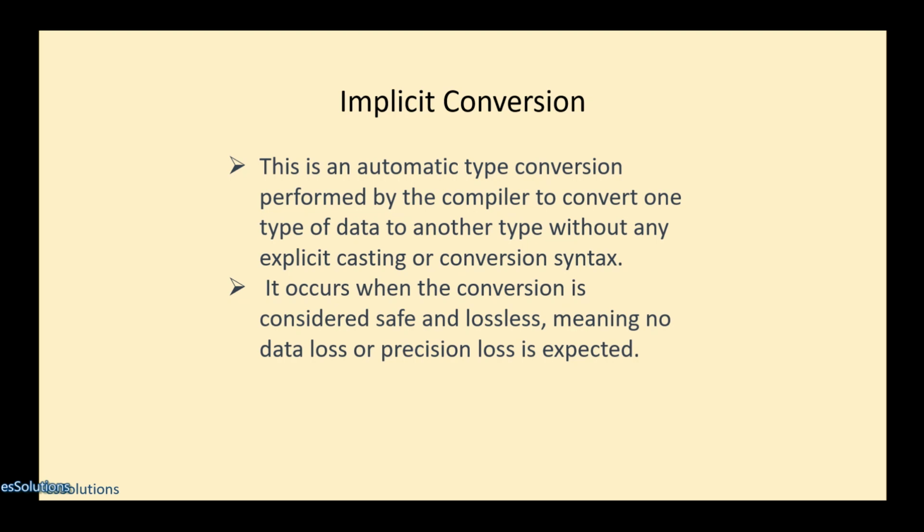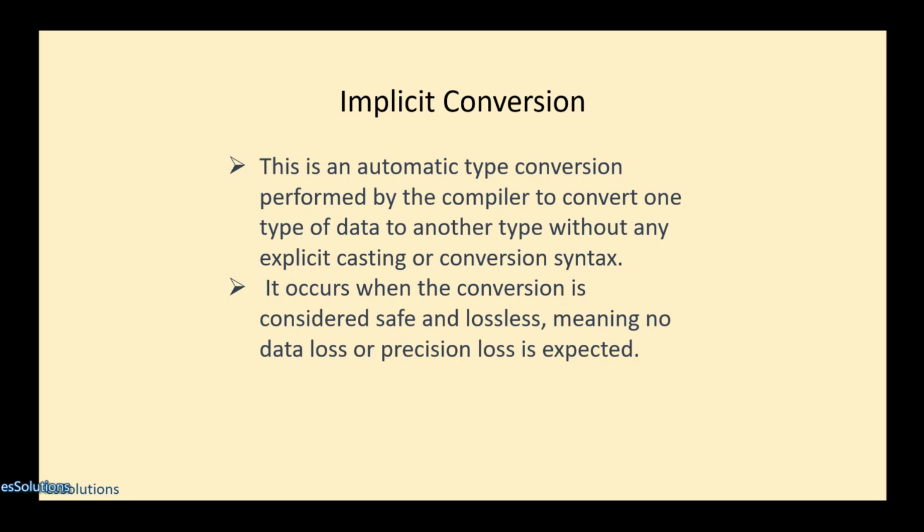As a developer, you don't need to contribute any input to cause it to do this conversion. That is the implicit conversion. So it's the conversion in which the user or the developer has nothing to do. It doesn't need to do anything to allow that conversion to take place. Now, it is to be noted that this occurs when the conversion is considered safe and lossless.